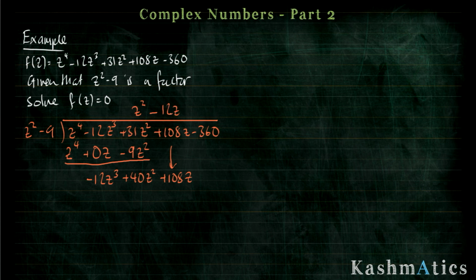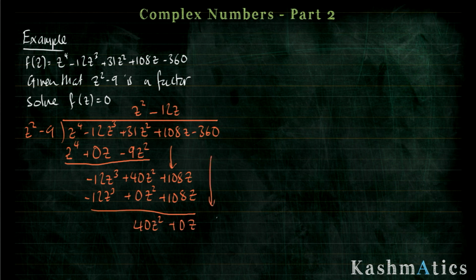So minus 12z multiplied by z squared is minus 12z cubed plus 0z squared. Sorry, 0z, sorry. So it's 0z squared, sorry. And then plus 108z. Okay, let's subtract these, and I end up with 40z squared plus 0z, take away 360, and then what have I got?